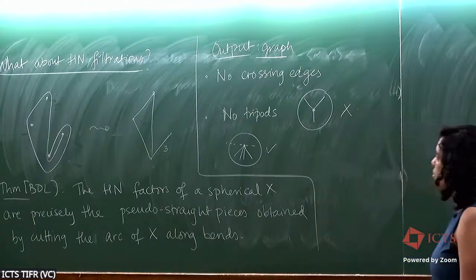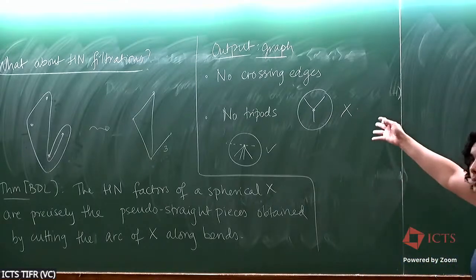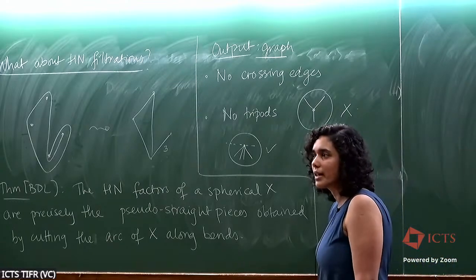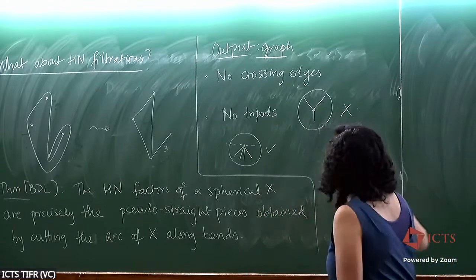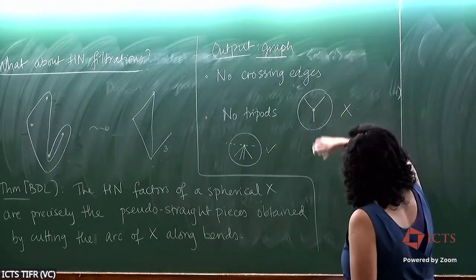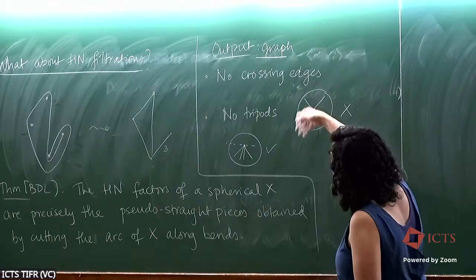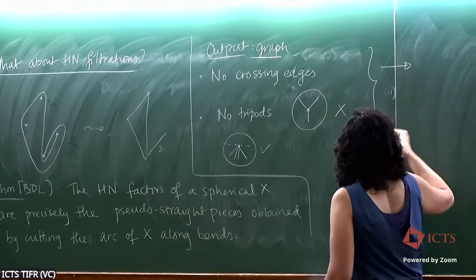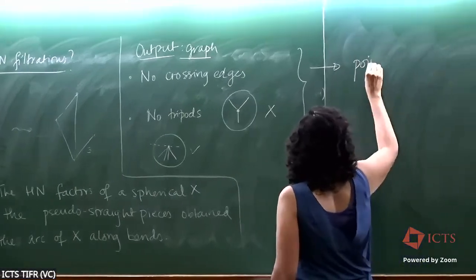It turns out that people have worked on graphs with these properties for 20-plus years in computer science and combinatorics. Maximal sets of edges satisfying these properties have a name: they are called pointed pseudo-triangulations.